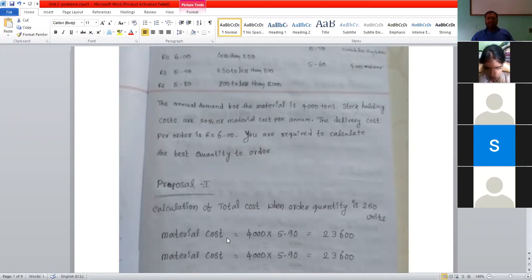When the order quantity is 250 units, the price is 5 rupees 90 paise, and the annual purchase is 4000 tons. So the material cost is 4000 into 5 rupees 90 paise, 4000 units at the rate of 5 rupees 90 paise.